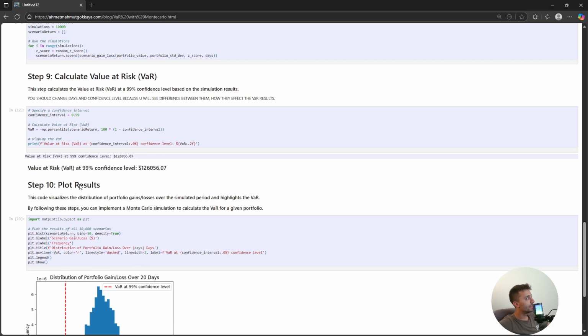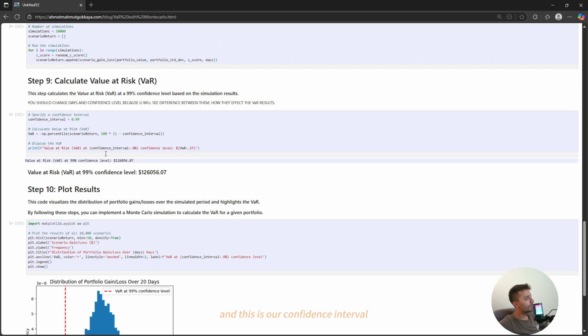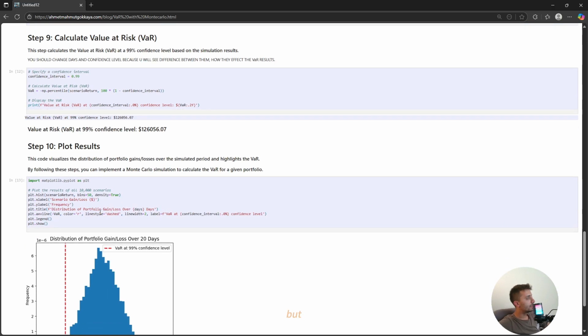Okay, portfolio. And this is our confidence interval, but different confidence intervals always have different confidence levels, 90 percentage confidence level equals this. Value at risk is really focused on the confidence level.